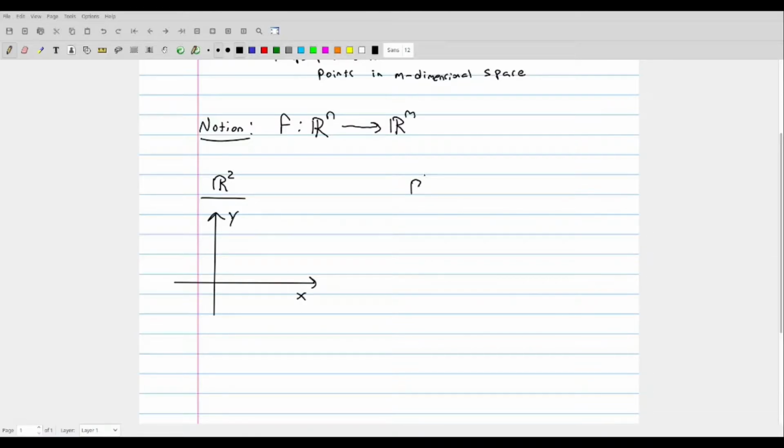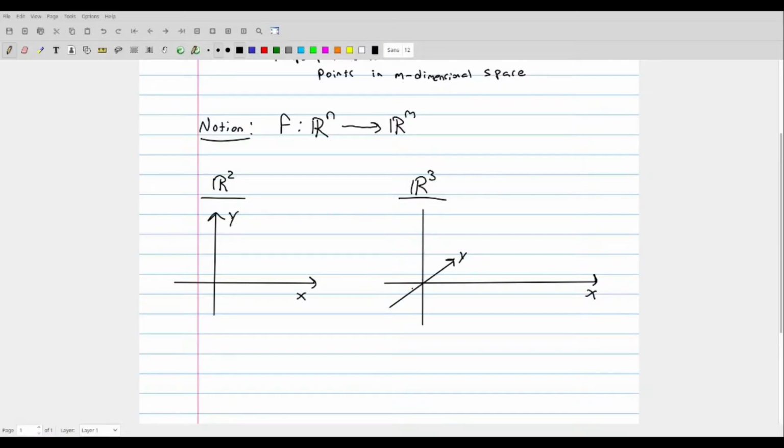Similarly, R^3 is three-dimensional space, because you have three separate copies of the real number line. One x-axis, and typically we draw a y-axis like this and visualize it as going into the page.